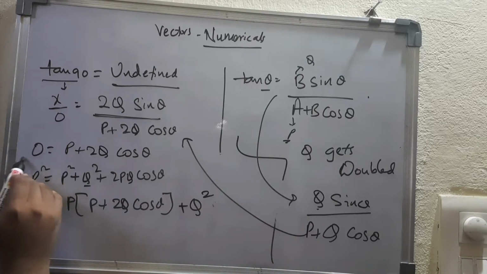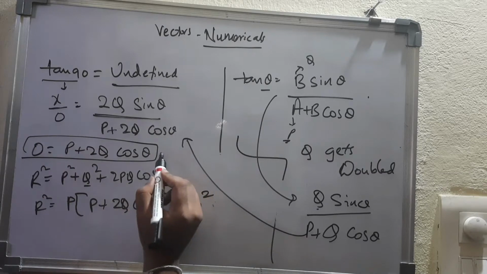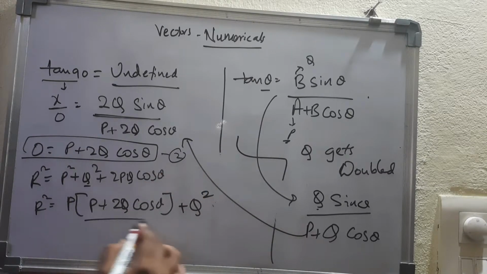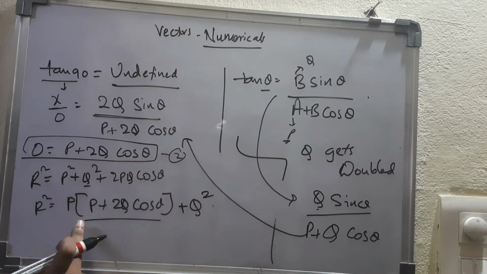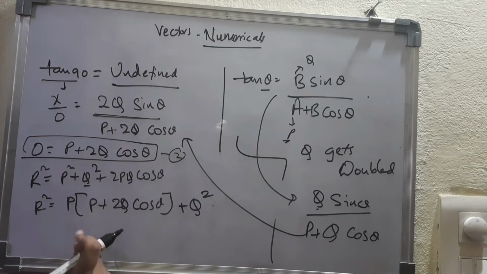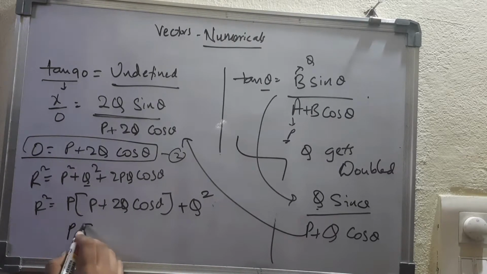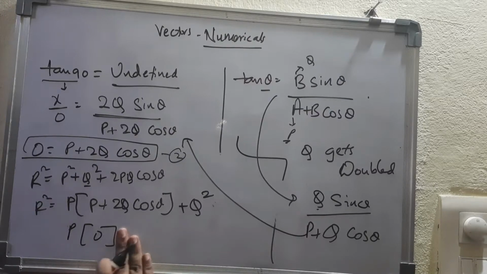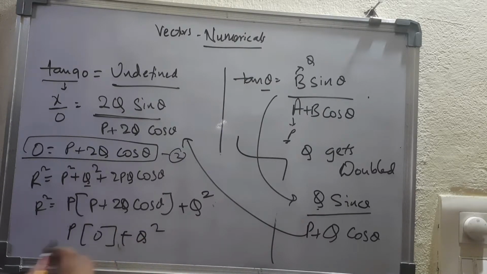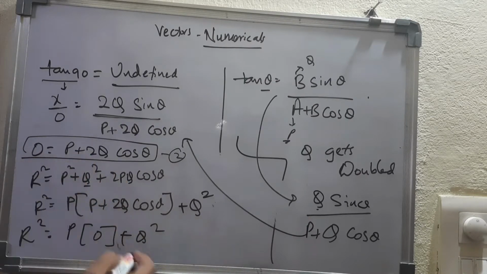Now we know this value, let this be equation 2. P plus 2q cos theta is 0. So this becomes p into 0 plus q square. I substituted this in here.